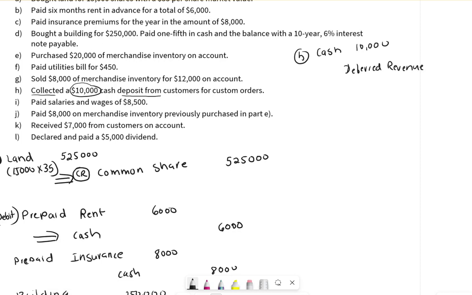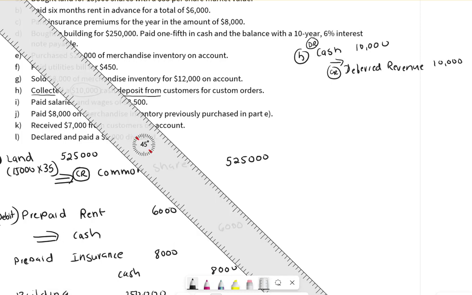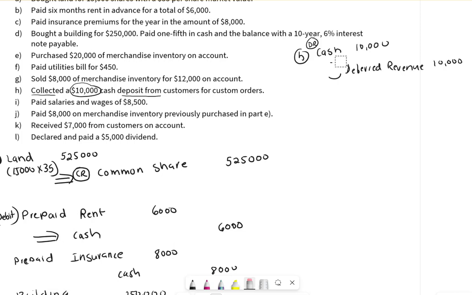We call it deferred revenue in this book, and if you're doing another accounting course, in your book, they might call it unearned revenue. That will be my credit and this will be my debit, or if I indent it, it is also known as a credit. Let's go to my next one.